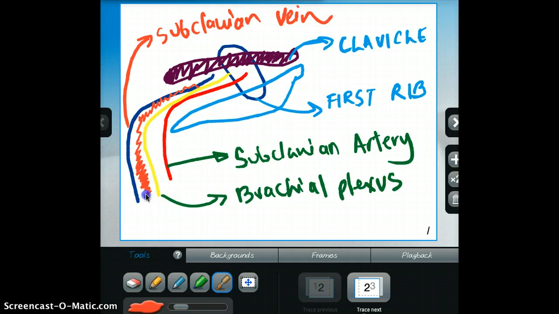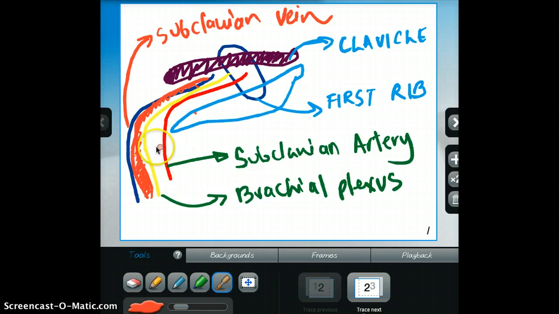And the brachial plexus and the subclavian artery lie between the scalenus anterior and the first rib. Okay, so they're kind of sandwiched between these two structures. But the subclavian vein lies anterior to the scalenus muscle.